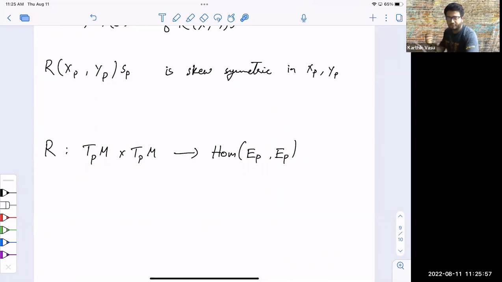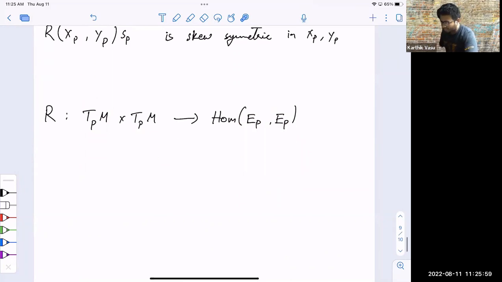Again, since this was skew symmetric, taking two vectors and interchanging them will give a negative sign. So in some sense, it's also behaving like forms, because forms also take in two vectors, and when you interchange them, it will give a negative sign.